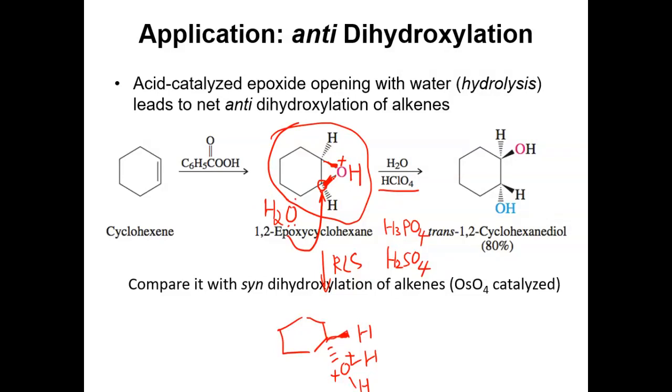But if we want the term to also apply to this kind of ring-opening system, we can say the group or atom leaving the electrophilic carbon, that O, is leaving the electrophilic carbon. So we can treat that one as a leaving group.